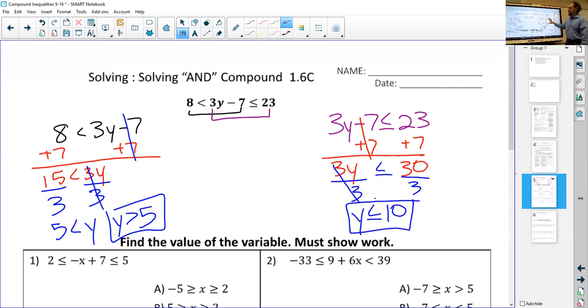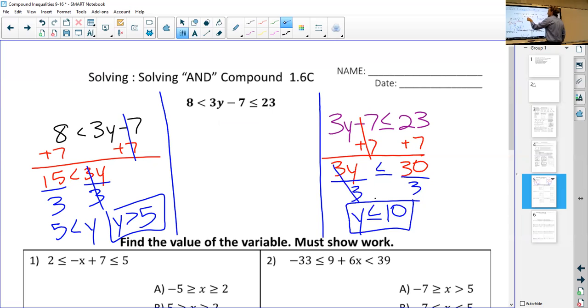And that's nice, but it's kind of a lot of writing. So the other way we could do this is if we leave it the way it's written and we just solve both sides at the same time. So I know I want to get rid of this minus 7, so I'm going to do plus 7. I really wanted that to be red. You see red selected up here.